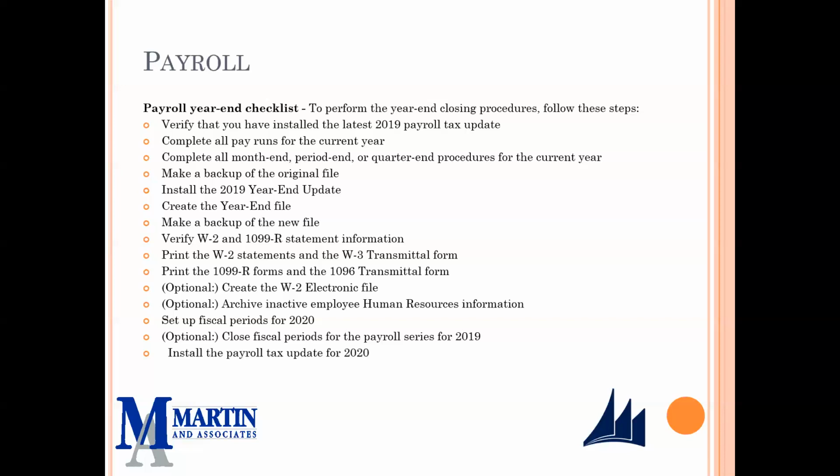And the reason you do that one last is you want to make sure your tax tables are correct for 2019 to do your last 2019 payroll, and then do your 2020 tax table update. So when you do 2020 payroll, you've got everything in there correctly. So that's the checklist if you're going to complete all your pay run for the end of the year.